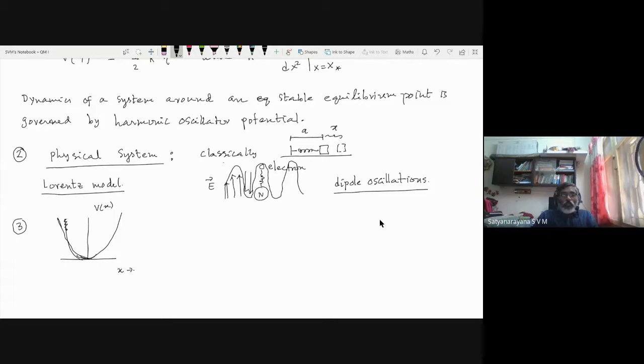You can see there are two things. First, V of x goes to infinity as x goes to plus or minus infinity, and this implies that whatever your psi of x is must go to 0 as x goes to plus or minus infinity. This is what is called the boundary condition.